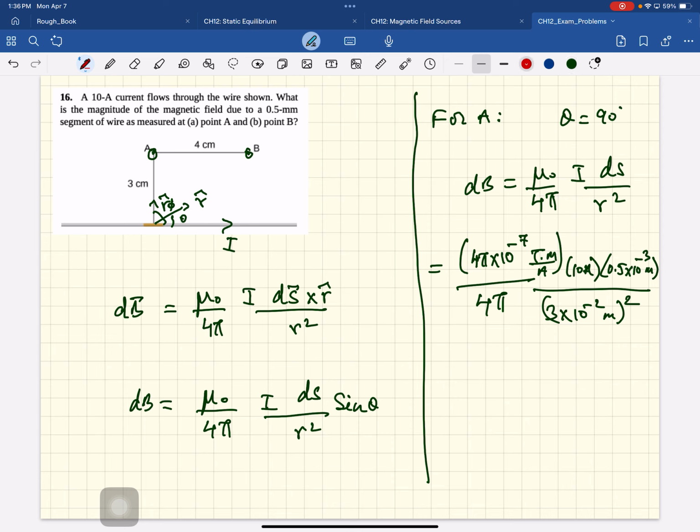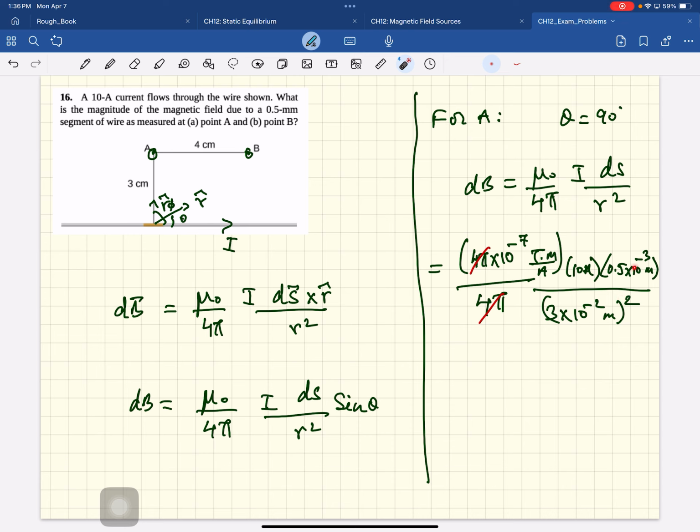All right, so let's calculate the field. What we're calculating is the magnetic field at this point due to this element of the current. Again, the total field would be, you'd have to sum up all those elements, but we're just calculating due to this guy. And the 4 pi cancels. Let's take care of powers of 10. This is 10 to the minus 4.